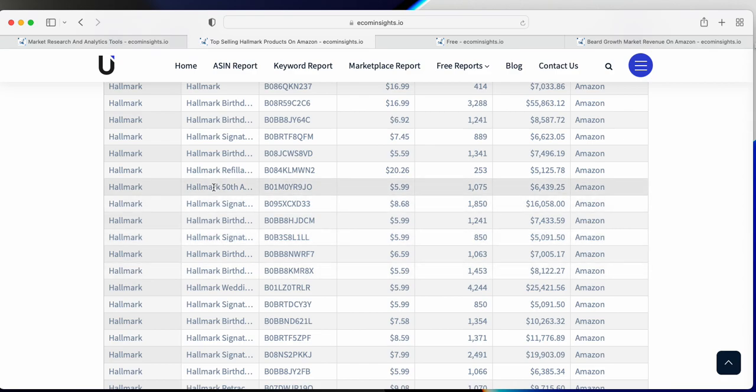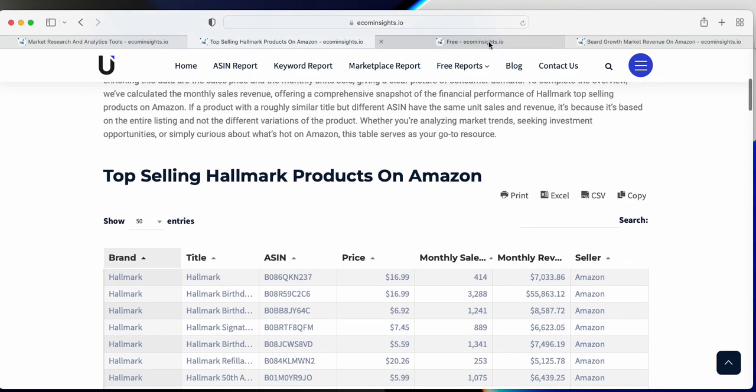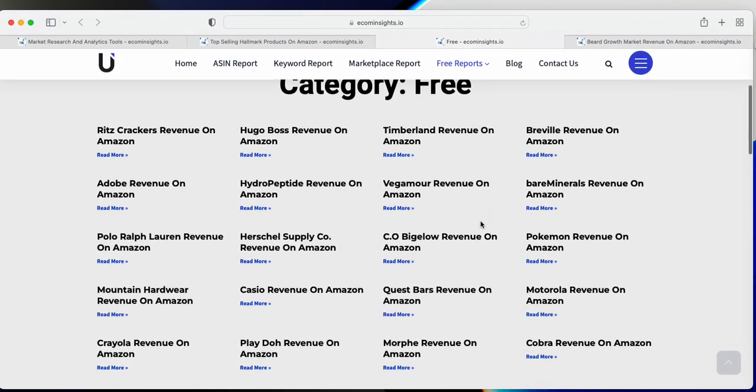And this is another type of card that anyone can really capture, a Hallmark 50th anniversary card. Here you can see it's priced at $5.99, does about 1,000 units per month, and does 6,000 per month in sales.